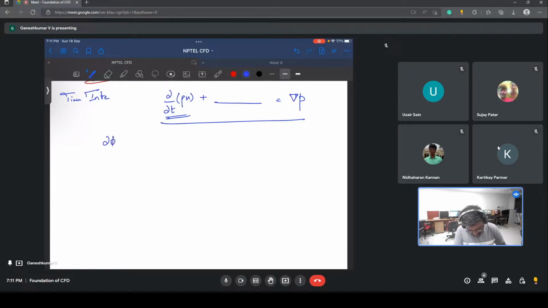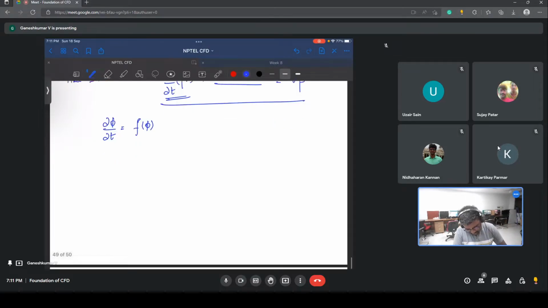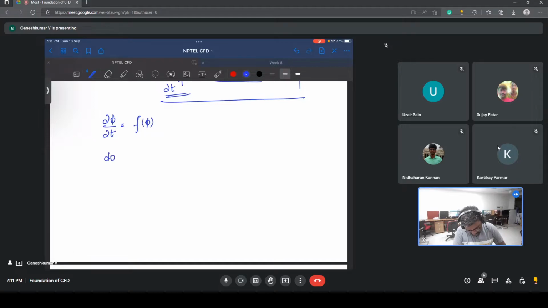Let's say dou phi by dou t is some function of phi, after taking all these things to the other side. What you will do is integrate it, the function of phi dt. This is how you do the integration, and it is called time integration schemes.